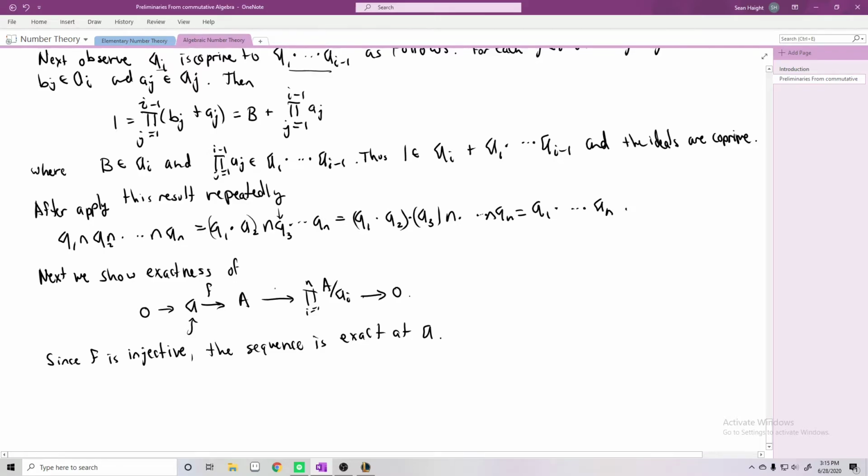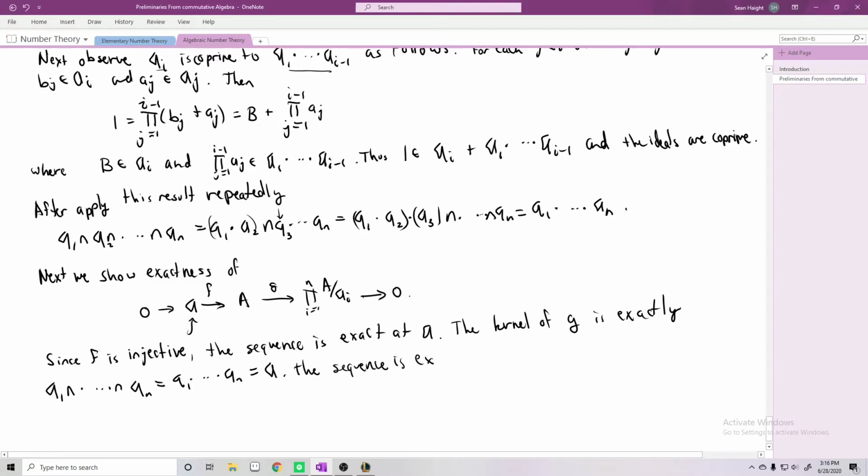The kernel of g is exactly, if you think about this for about 2 seconds, you'll see that the kernel of g is the intersection of all these ideals a sub i, a1 intersect through an, which also happens to be the product, which is exactly this ideal A. Thus the sequence is exact at capital A.